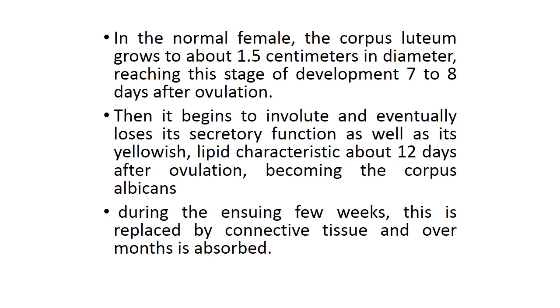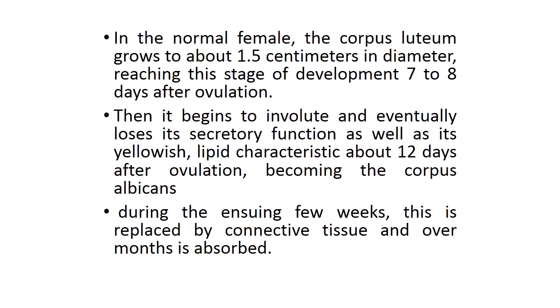The secretion of progesterone and estrogen is reduced, and the characteristic yellowish lipid color also diminishes. About 12 days after ovulation it becomes the corpus albicans, the degenerated or atretic form of the corpus luteum.